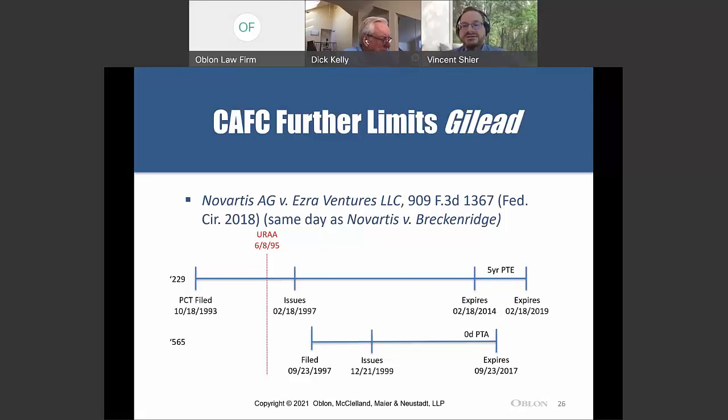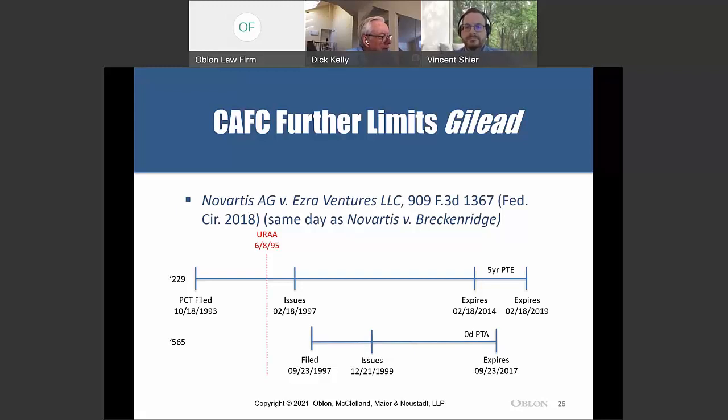But Novartis actually chose the earlier expiring patent to extend, which actually pushed the date beyond the 565 expiration date. And so I just want to ask Dick real quick if you can comment on just sort of the selection of which patent to extend and how that works.